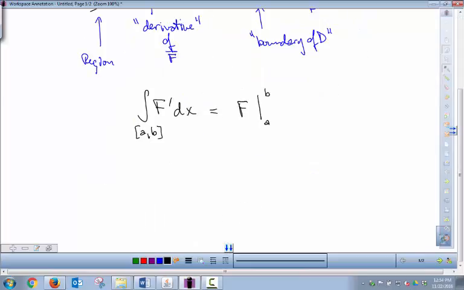So if we look at it like this, we have our region, which in this case is an interval. We have a derivative. And we have a single integral.